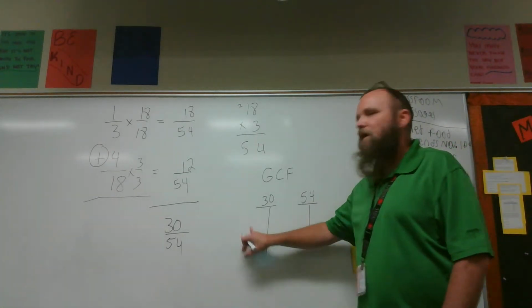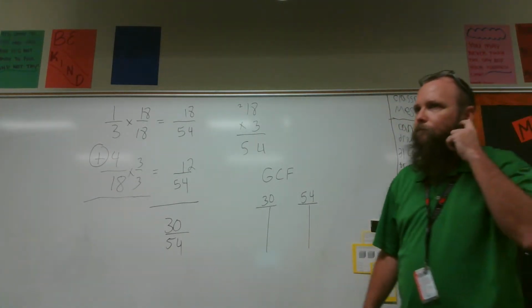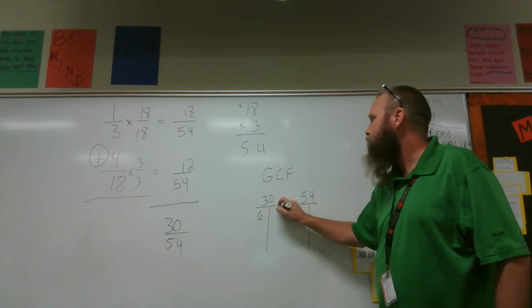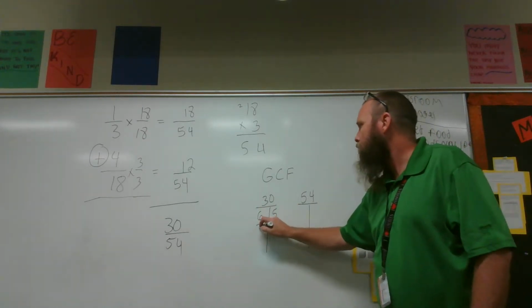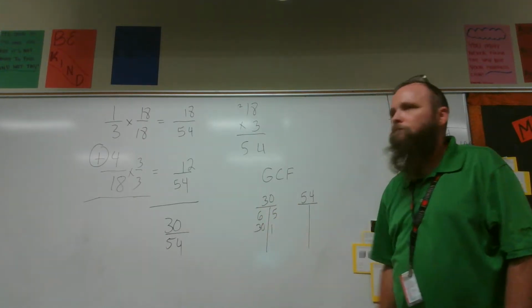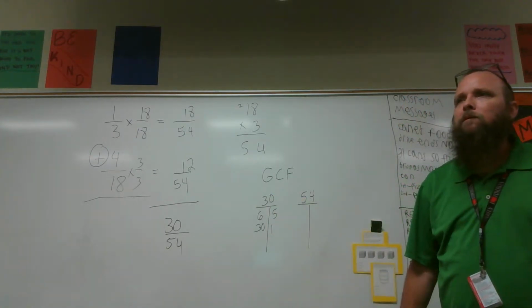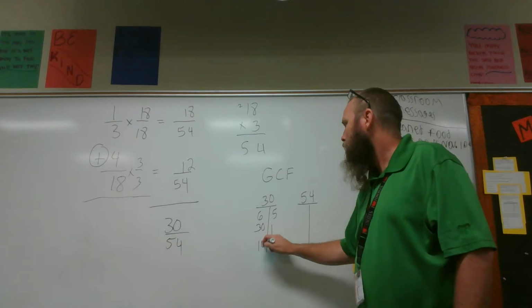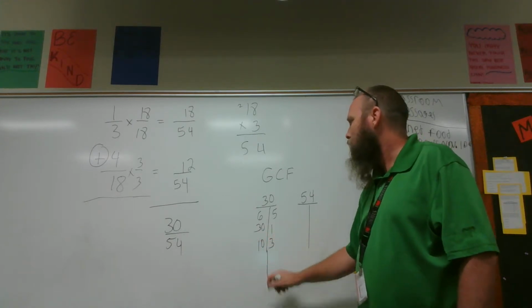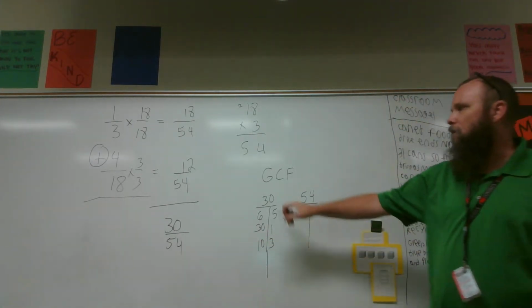Riley, what are my factors of 30? 6 and 5. Good. 30 and 1. It's an even number. 10 and 3. Okay. It ends in a 0, so it's an even number.